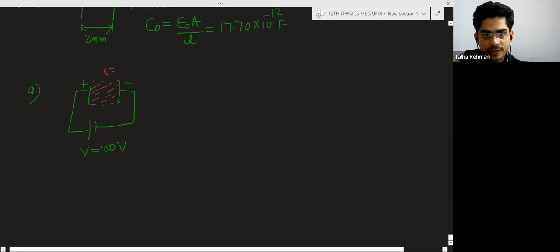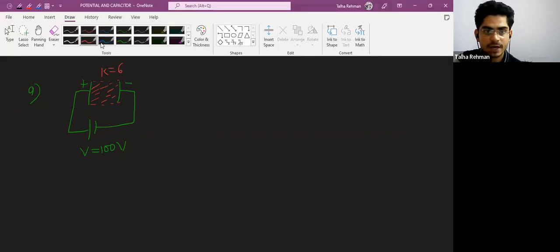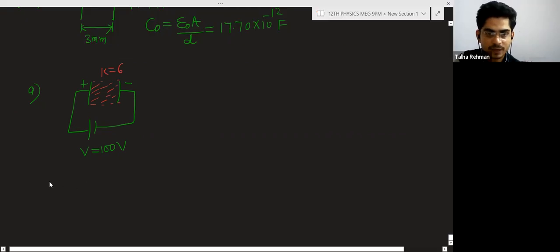And here K is equal to 6 for mica. Then capacitance will become K times C naught. We have discussed this. K is 6 and C naught is 17.70 into 10 to the power minus 12.